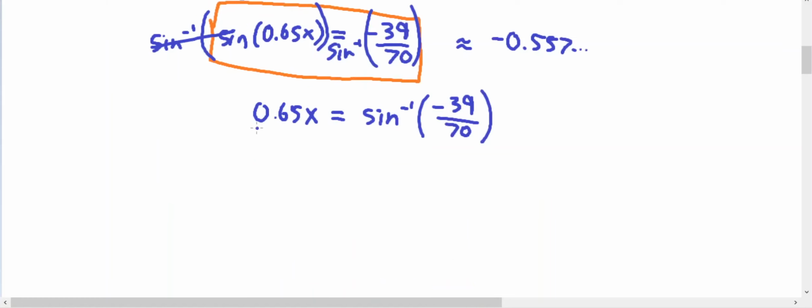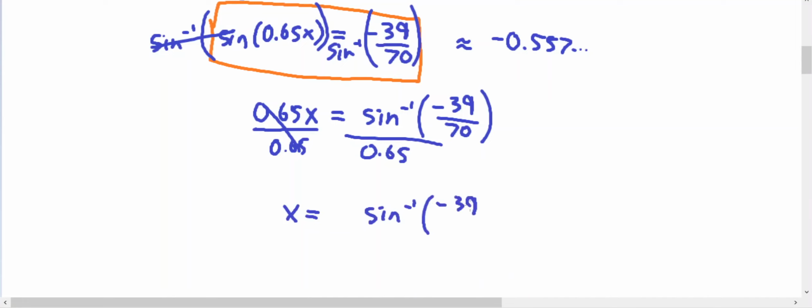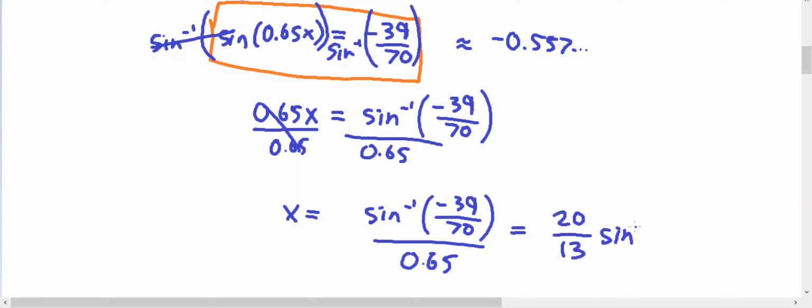Getting x by itself, we can divide by 0.65 on both sides. And finally, we have arc sine of negative 39 over 70, all over 0.65. 0.65 is the fraction 13 over 20. Because we're dividing by it, we could also represent this as 20 over 13 arc sine of negative 39 over 70.